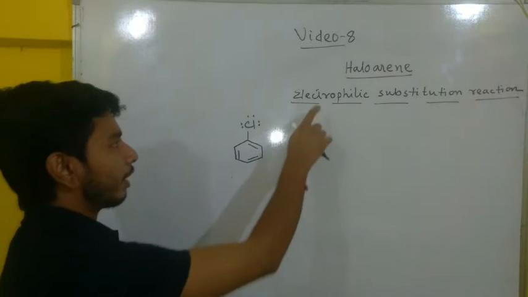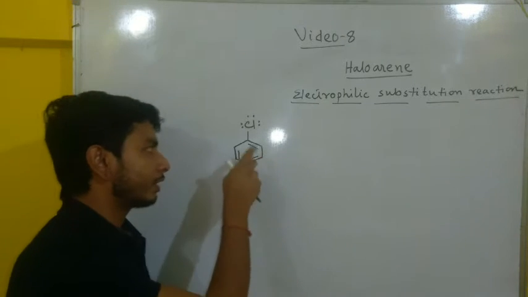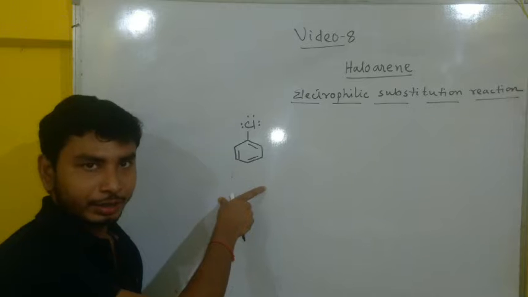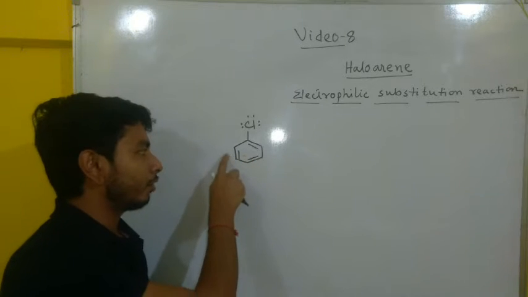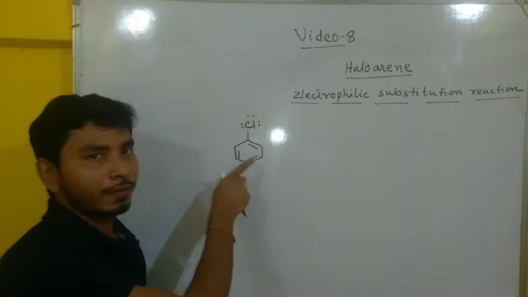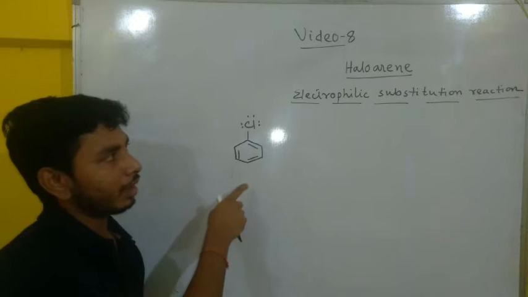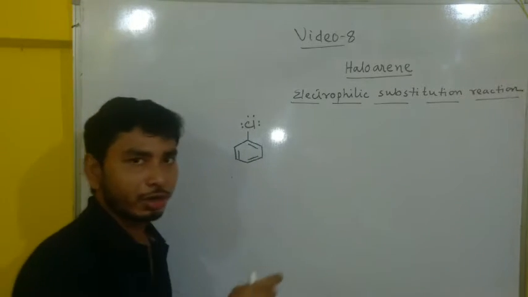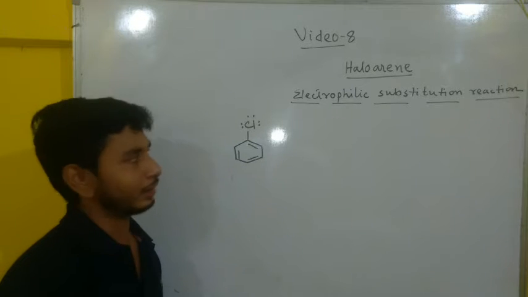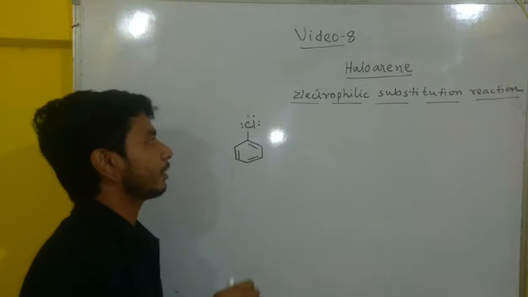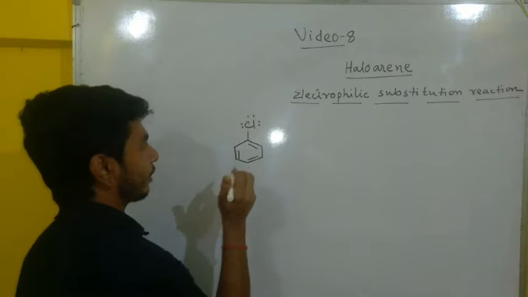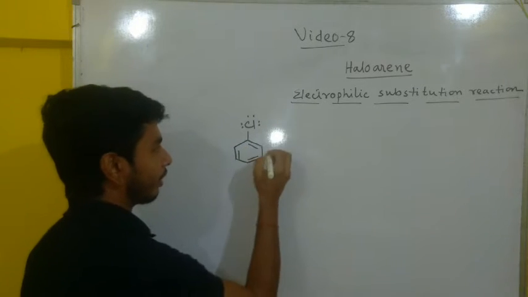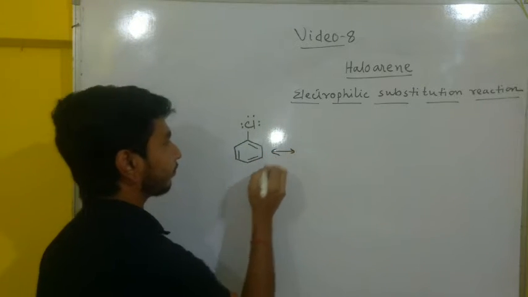If we know the resonating structures of chlorobenzene, then the electrophilic substitution reactions will be easier for us.